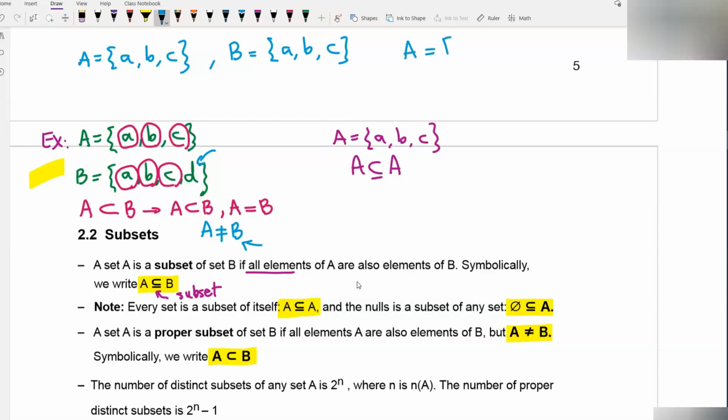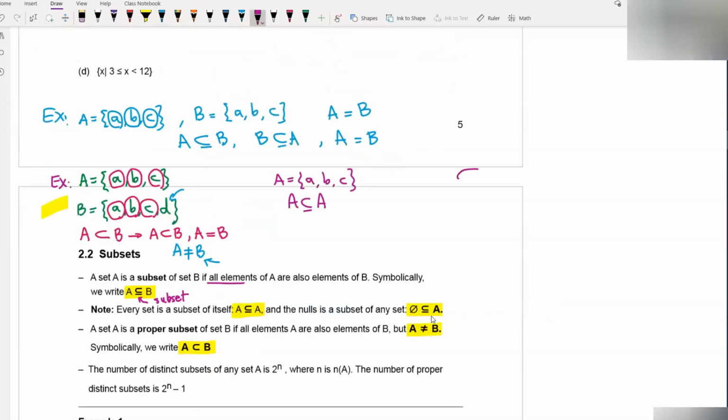So A is equal to B. And also, all members that we have inside A are also inside B. So in this case, A is subset of B, B is subset of A, and A is equal to B. So we had this symbol, and this one was proper subset.